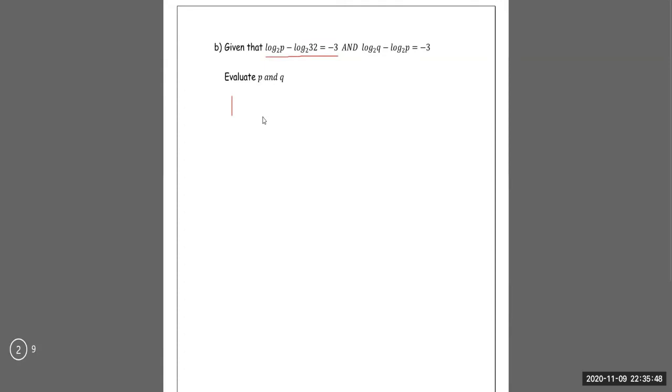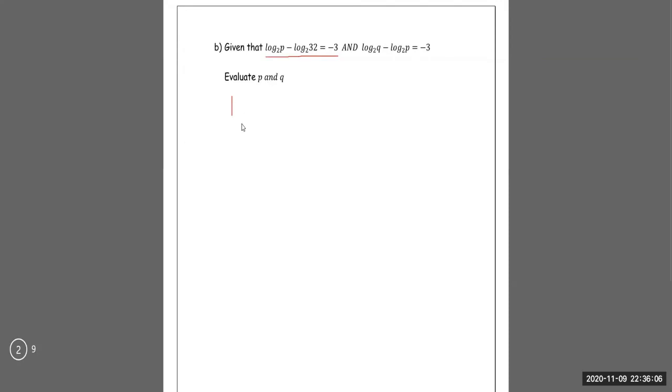Oh, you want to equate them? Yes, sir. Oh, I never thought of it that way. Nice. So you want to equate these two equations, but then would it give you p and q? It might. Let's try it your way.